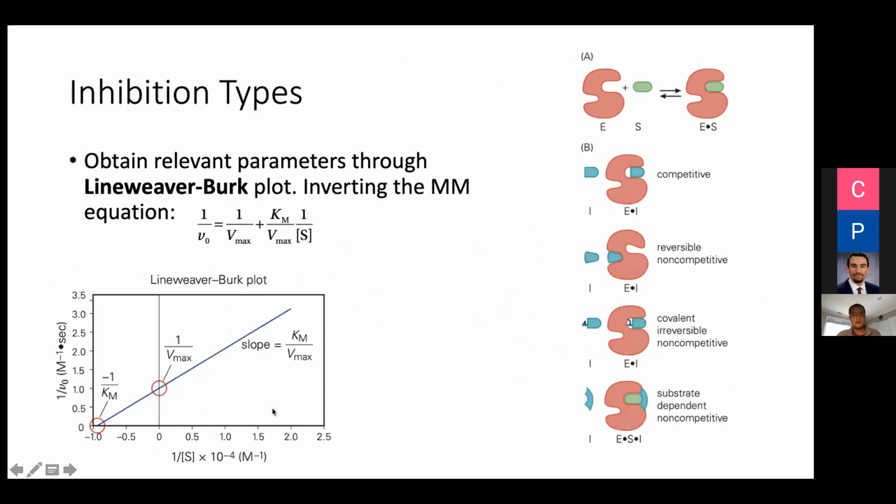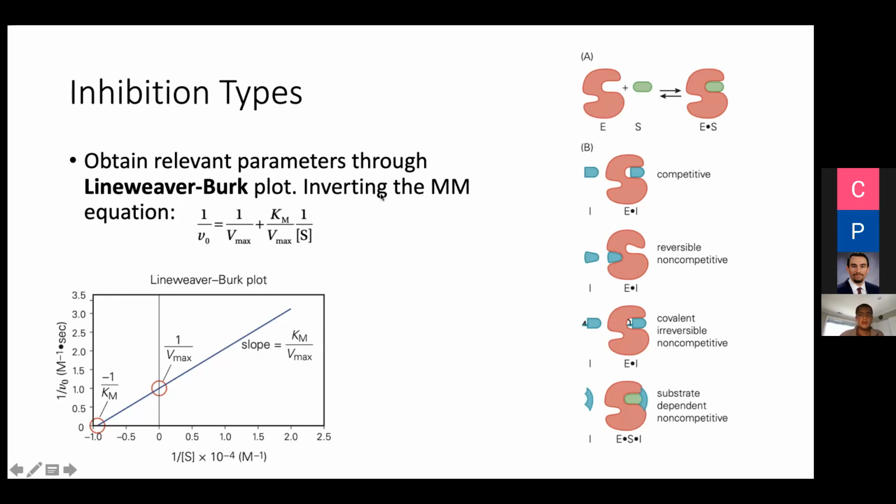Now I'm going to move on to the final topic, which are the different types of inhibition. But before I go over that, I'm going to talk about Lineweaver-Burk plots. Again, it's very similar to what John was talking about, how to make graphs more visually pleasing and to actually obtain these parameters.